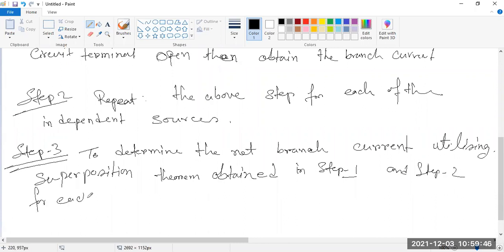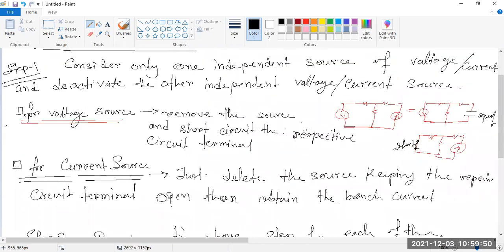So if there are two sources, you have to replace one current source and another voltage source. If there are three sources, you do this for the three sources: first replace one, then two, then three, one by one.